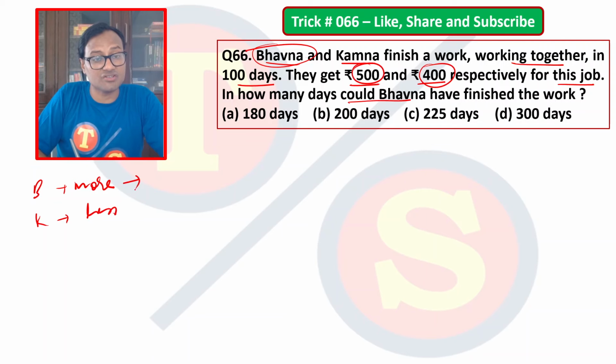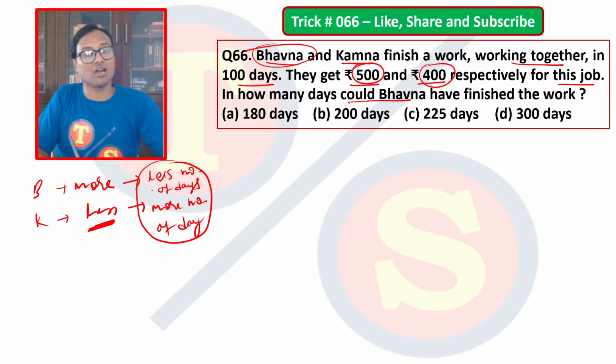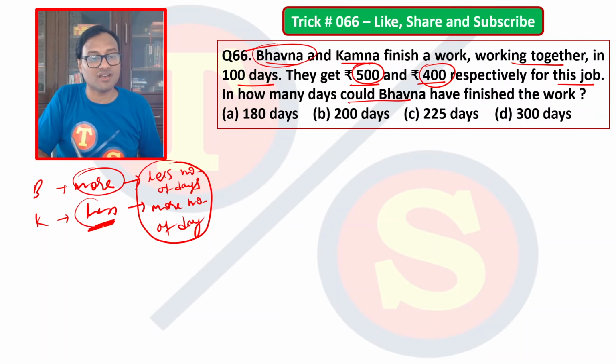If a person is more efficient, then that person will be able to finish the work in fewer days. And if a person is less efficient, then that person will finish the same work in more days. It means the number of days taken by Bhavna and Kamna to finish the job should be inversely proportional to the wages they are getting.